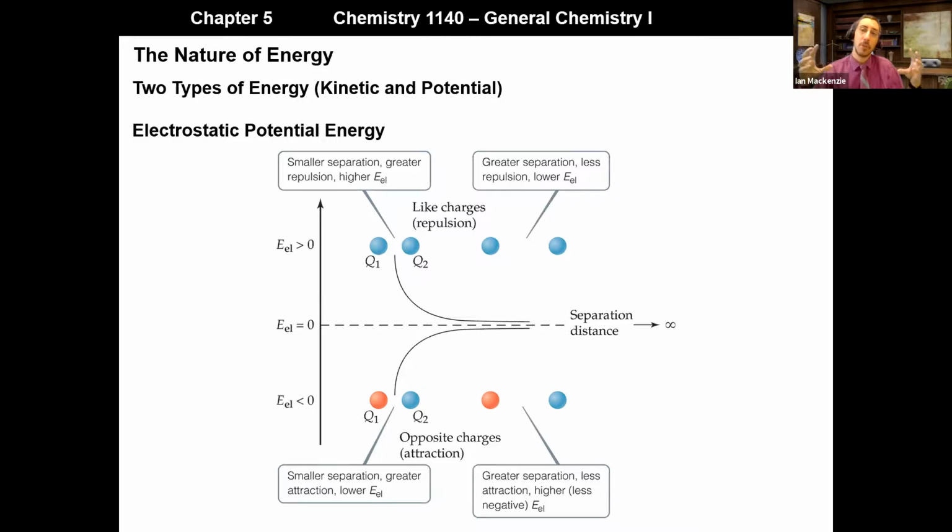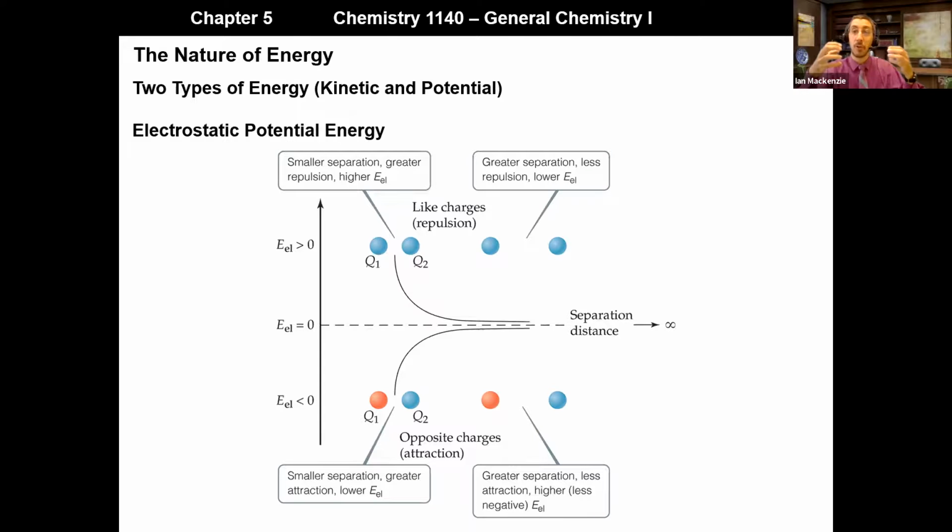As I bring those two charges together, however, if those two charges are the same, if they're both positive or both negative, then as I bring them together, the energy of the system goes up because there's now force between the two.